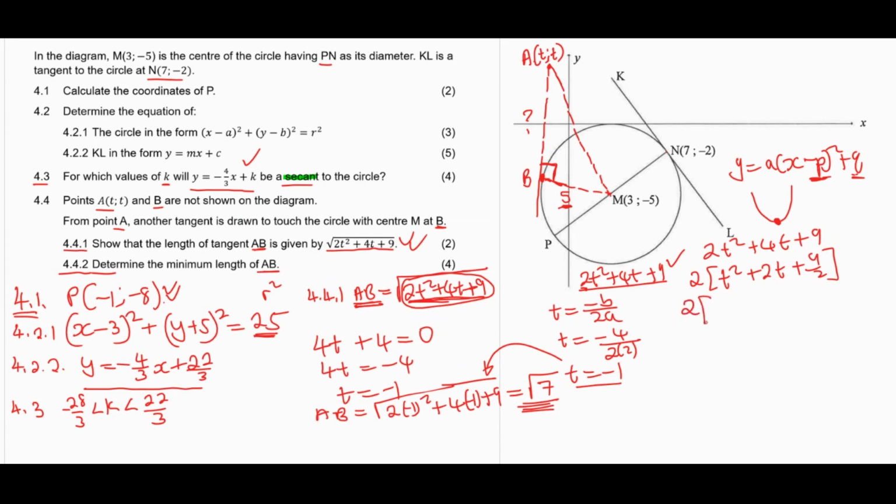So 2 is still there. And then t squared plus 2t, we have the coefficient of t, so half of 2 is 1. And then we square it and add and subtract. So we say plus 1 squared minus 1 squared plus 9 over 2. Find the coefficient of t, you halve it, you square it, and then you add and subtract the squares.